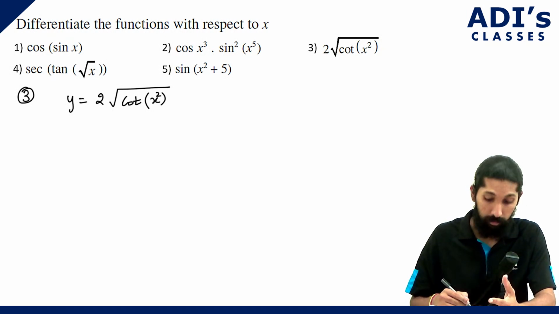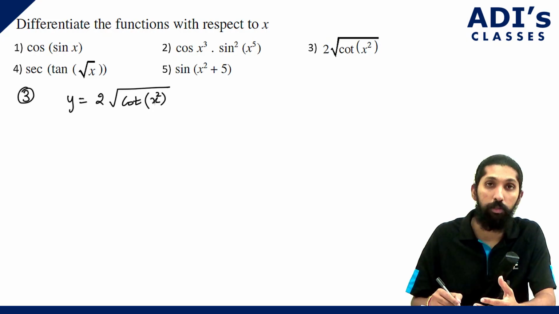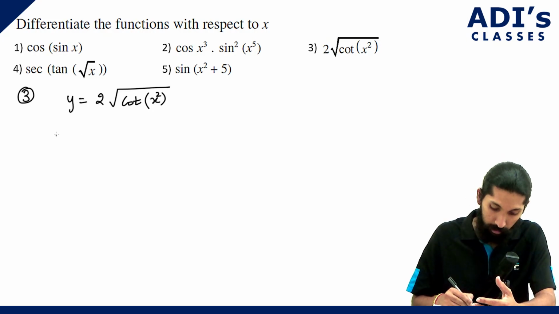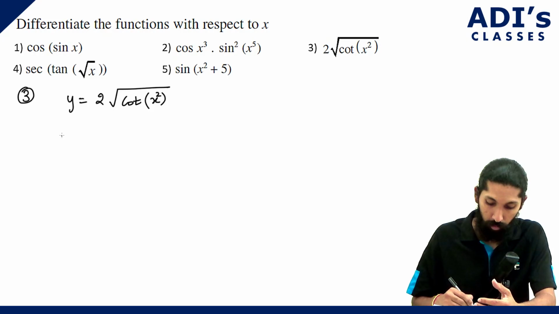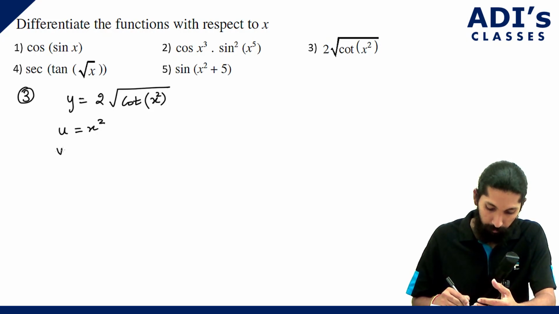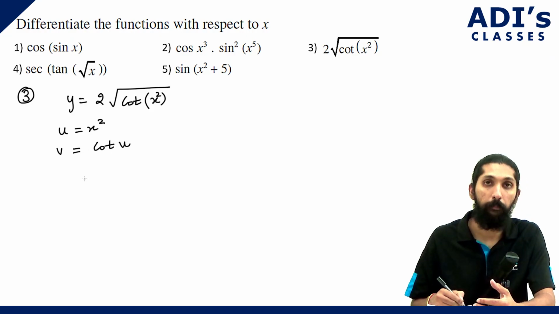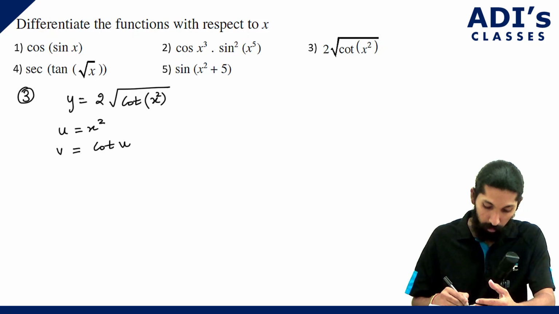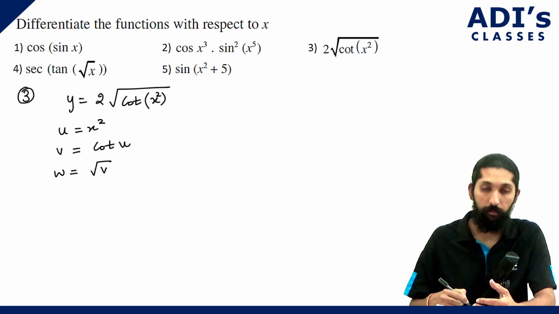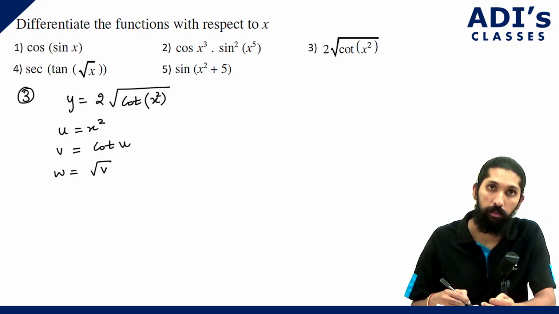Let's try to do it like this. So first, the innermost function is x square, let's call it u. So u is equal to x square, so v will be equal to cot u, isn't it? There is one more, w is equal to root of v. Root is also a function, isn't it?